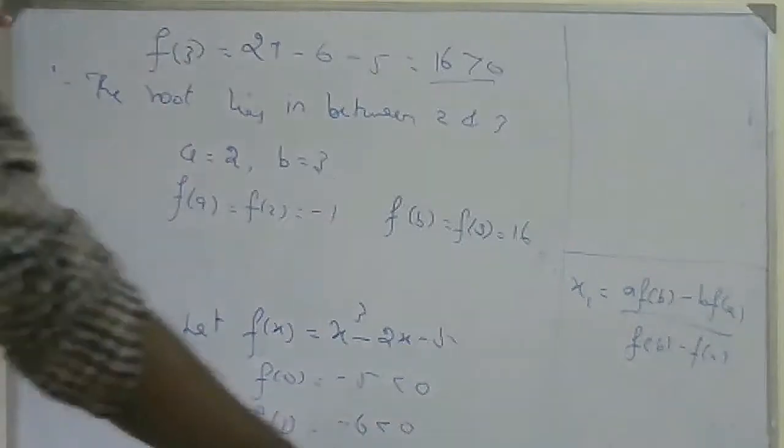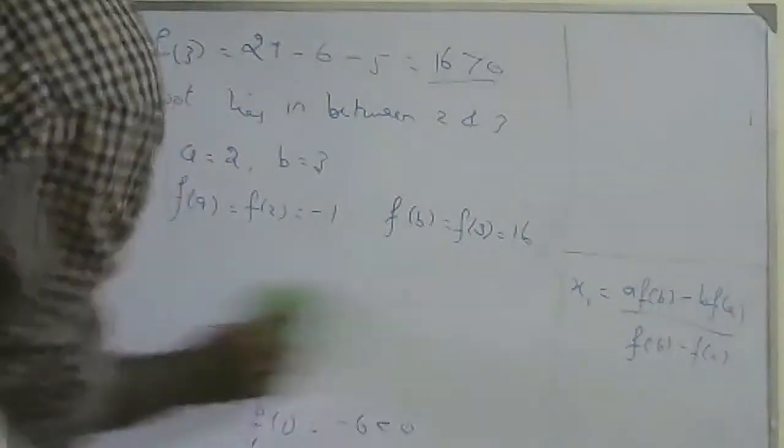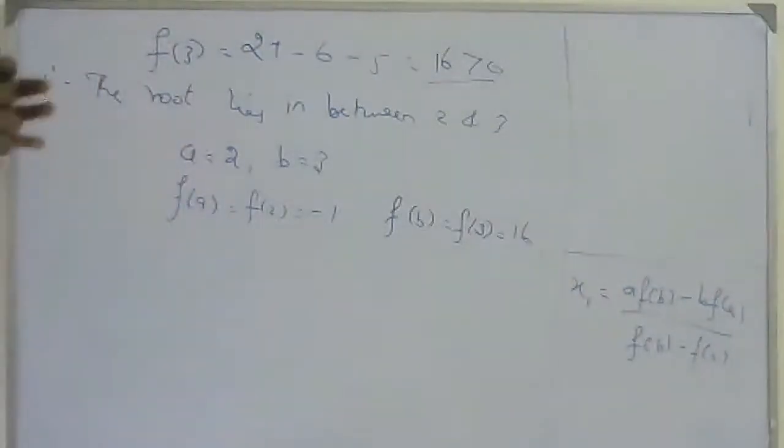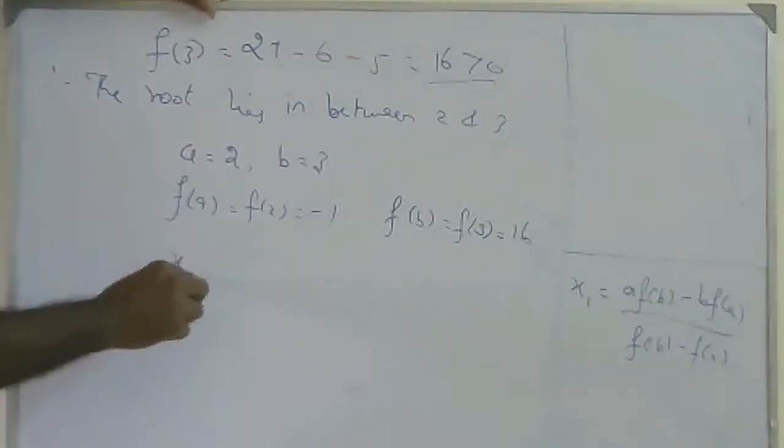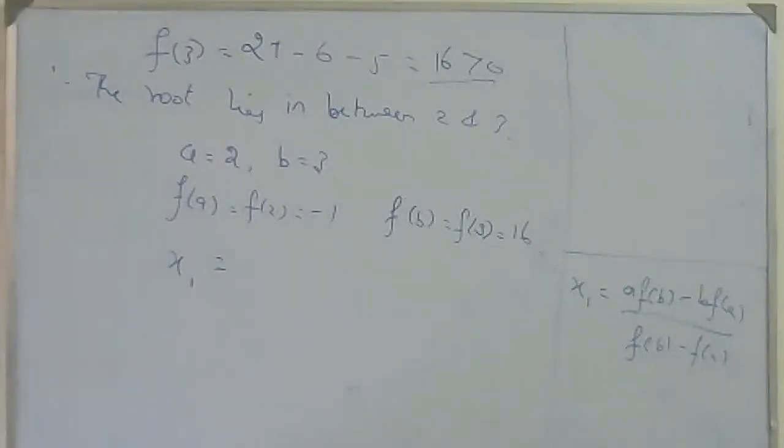Okay, so apply the formula. X1 equals... here you need not assume the initial value. Usually, in the last problem, you assumed the initial approximation. Here there is no assumption, unlike the Newton-Raphson method, so we can directly substitute.